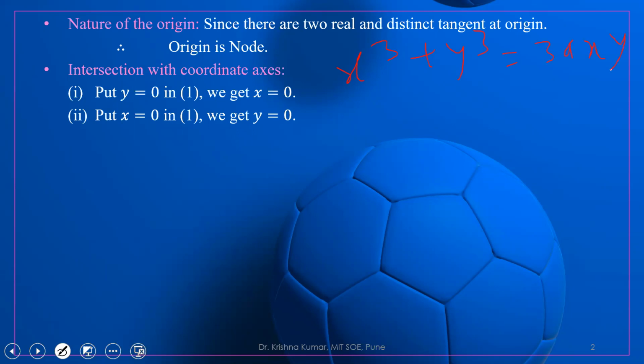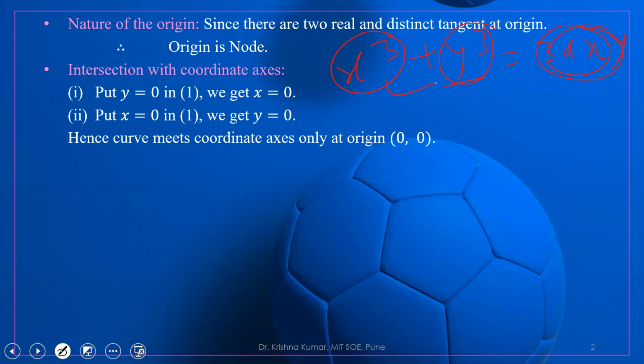If you put x equal to 0, this becomes 0 and this becomes 0, so the value of y is 0. If you put y equal to 0, this becomes 0 and this becomes 0, so the value of x is 0. So the curve meets the coordinate axes only at origin.